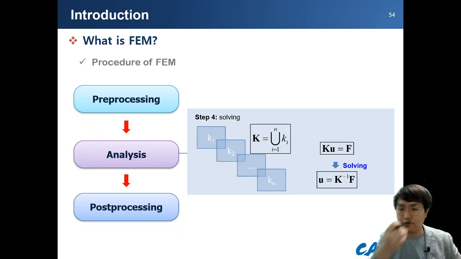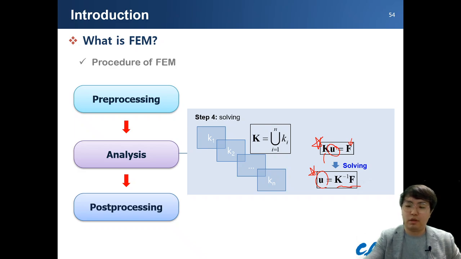After finishing the assembly, we finally obtain the global stiffness equation. The unknown is u, maybe displacement, k is the stiffness matrix, for example involving Young's modulus, and f is the force, a known variable, while u is the unknown variable. Taking the inverse of k and multiplying with f, we finally obtain the solution for the unknown variable. This is the procedure of the FEM method.